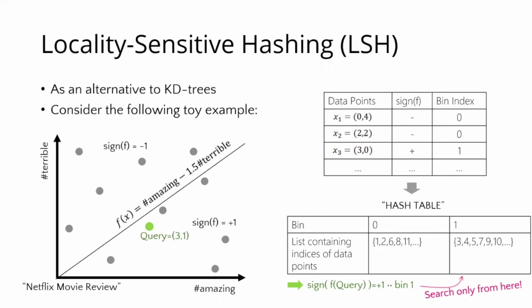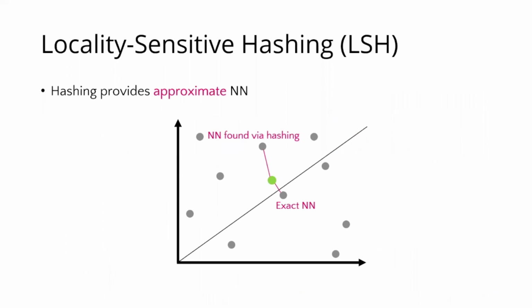So with that, we could see that locality-sensitive hashing is somewhat better than KD tree. It's quite similar, in fact, but in the case of KD tree, you're always making the partition along the coordinate basis.